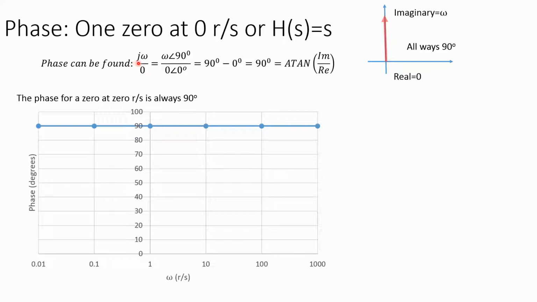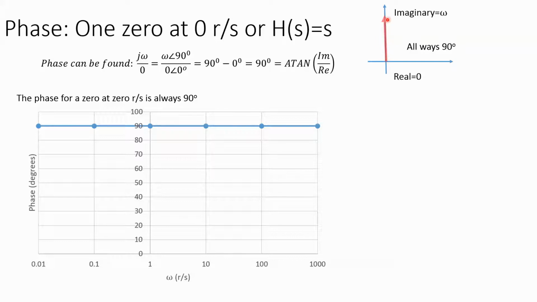Well, the phase can be found by looking at the S term, which is j omega divided by 0. And you might say, wait a second, that's some kind of weird infinity thing. No, the real part is 0, so it doesn't exist.